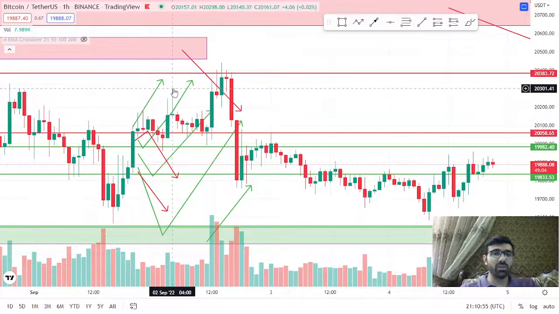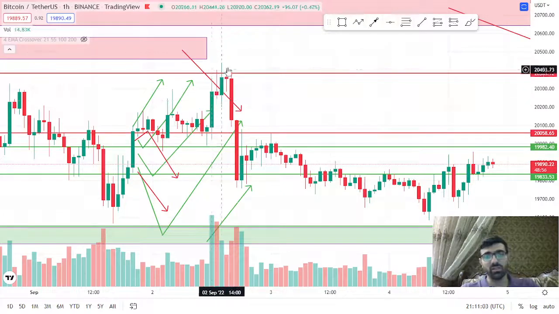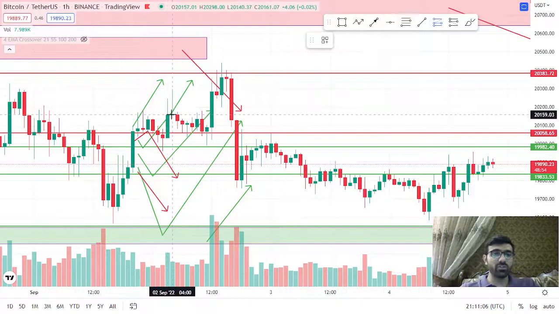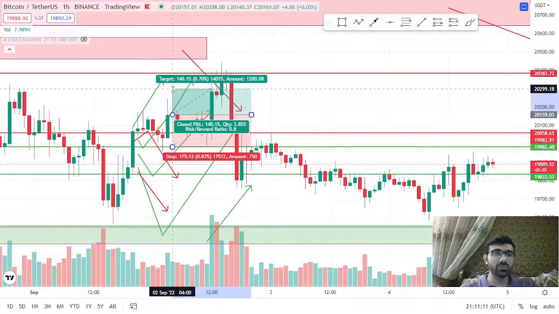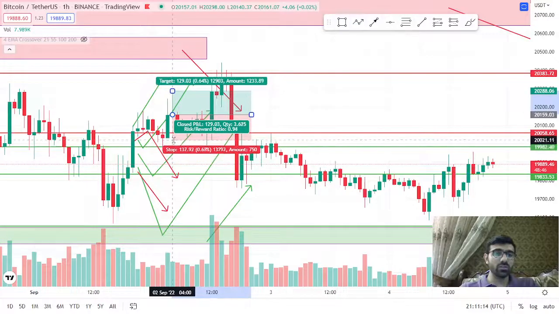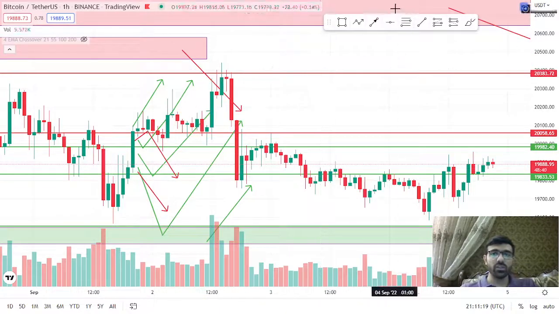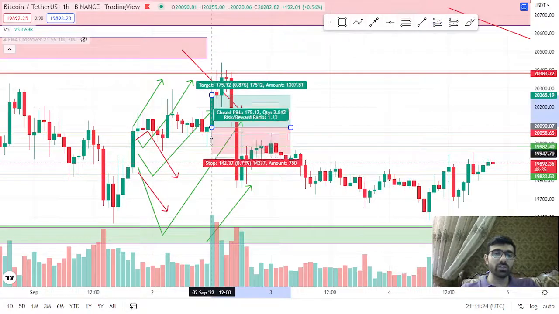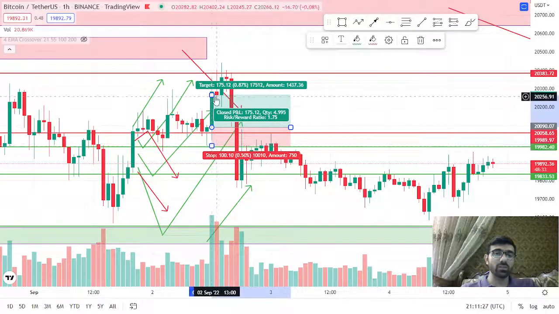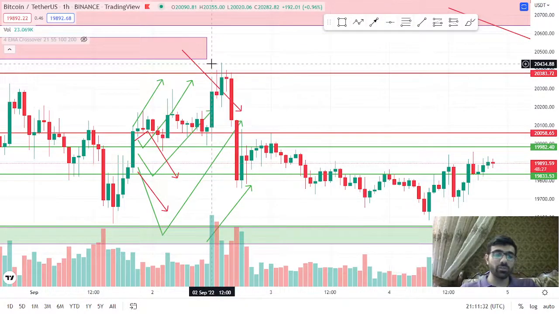We could have gone long from here till here, and then another opportunity came when the market again tested this area once again from here, and then we could have gone long from here till here. The amount of profits would be approximately 1% from here, and approximately 3.4% from this trade.